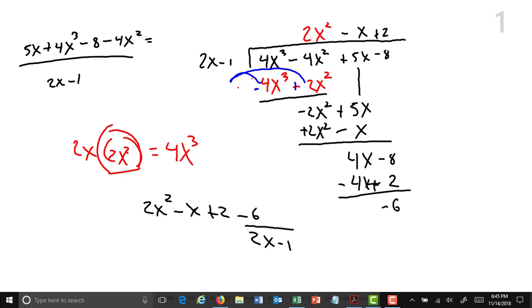If you look in the middle of the page, it shows what we have, 2x minus x plus 2. They got a plus, but it can be a -6 over 2x minus 1.